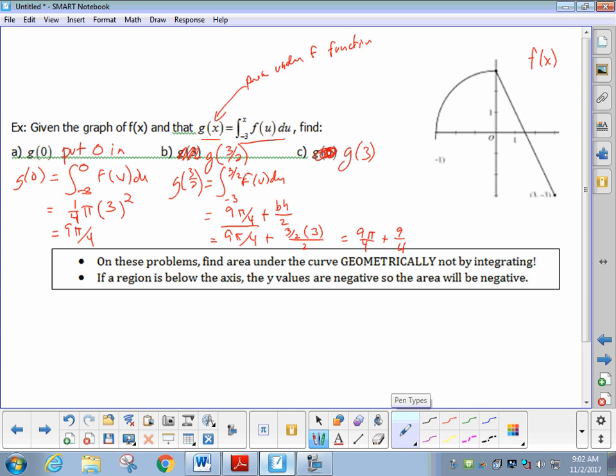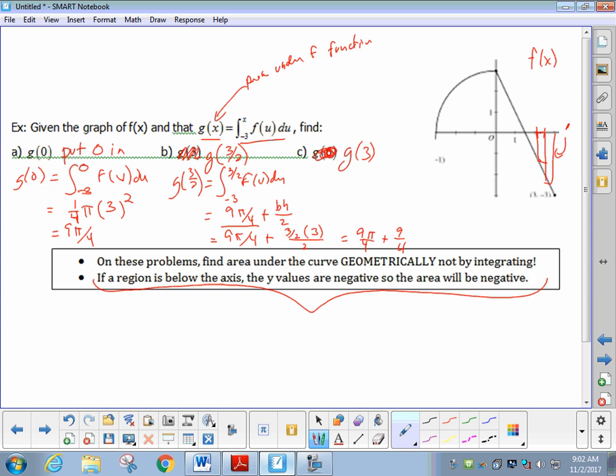Okay. Now, last thing, as you can see down here, if a region is below the axis, if I look at this region here, these y values, imagine rectangles here, those y values are negative. And if I take a base going left to right, the delta x is positive, but the heights are negative, then this area is going to be negative.